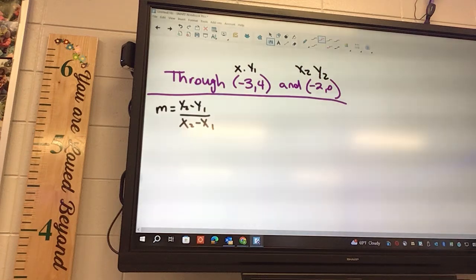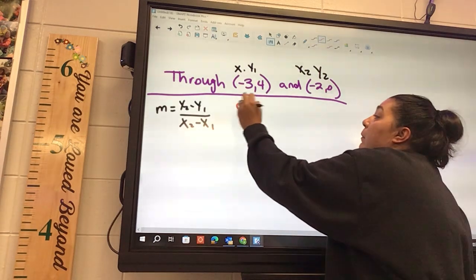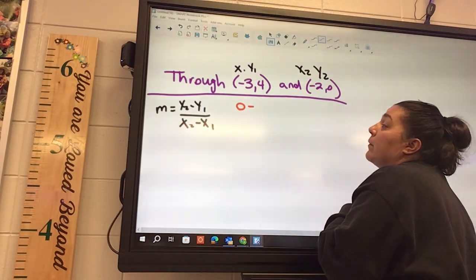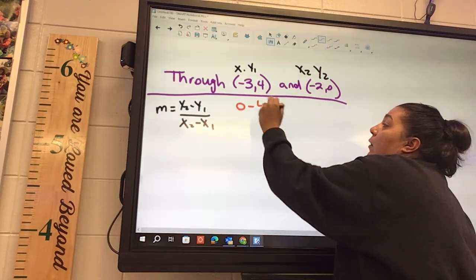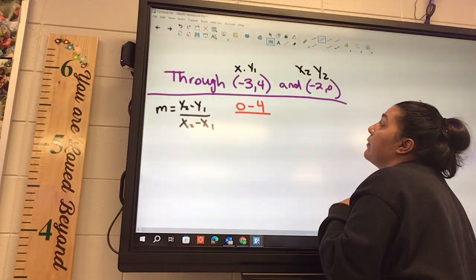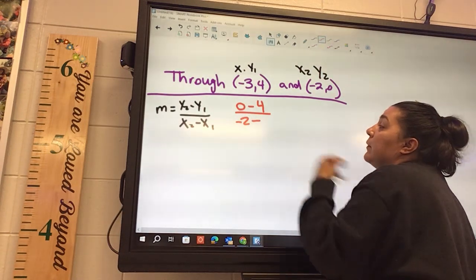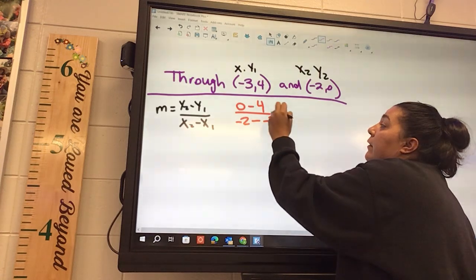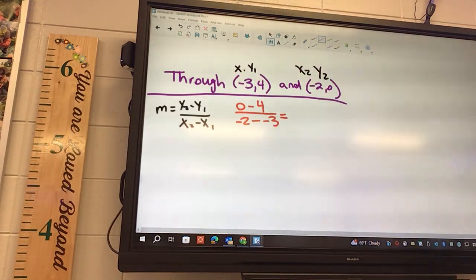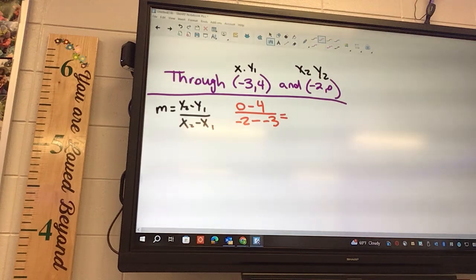Okay, so we're going to go ahead and label x1, y1, x2, y2. What is my y2? 0. 0 minus y1, 4. 4 over x2, negative 2 minus x1, negative 3. Okay, type that in your calculator and see what you get.